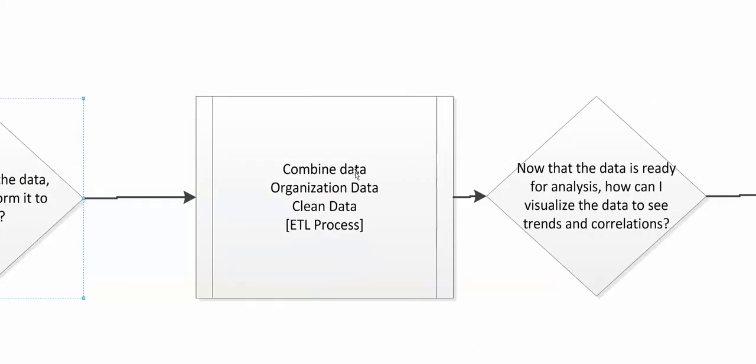Well, that involves combining data, organizing it, cleaning it. In industry, they call that ETL, extract, transform, and load process. This involves computers. Anything from a data technician, a data analyst, to a computer scientist who is reading tweets to pull information out of tweets.